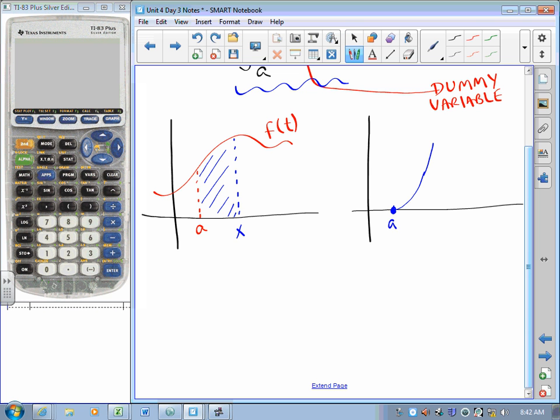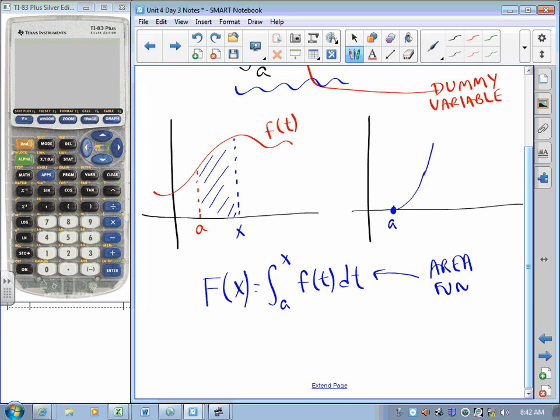So what I'd like to do is look at some function called capital F of x, and that's just the integral from a to x of f of t dt. This thing is an area function. If we were to look at the derivative of capital F with respect to x, it would be the limit as the change in x gets so small of the change in capital F over the change in x.